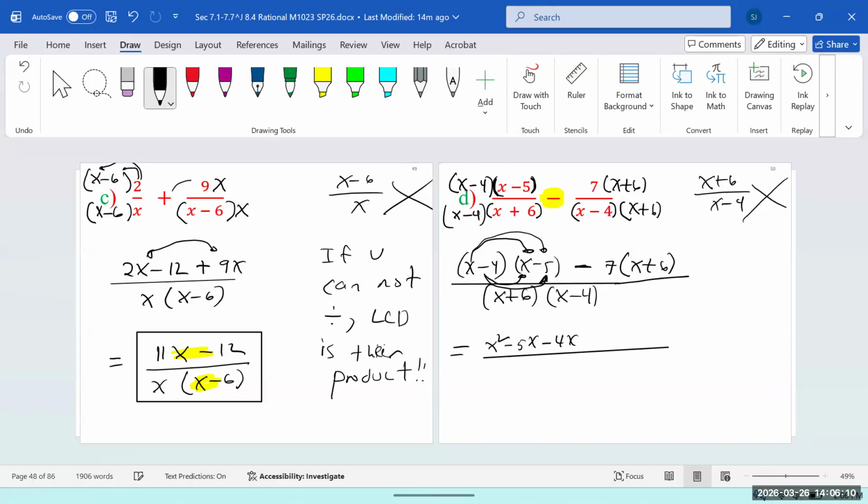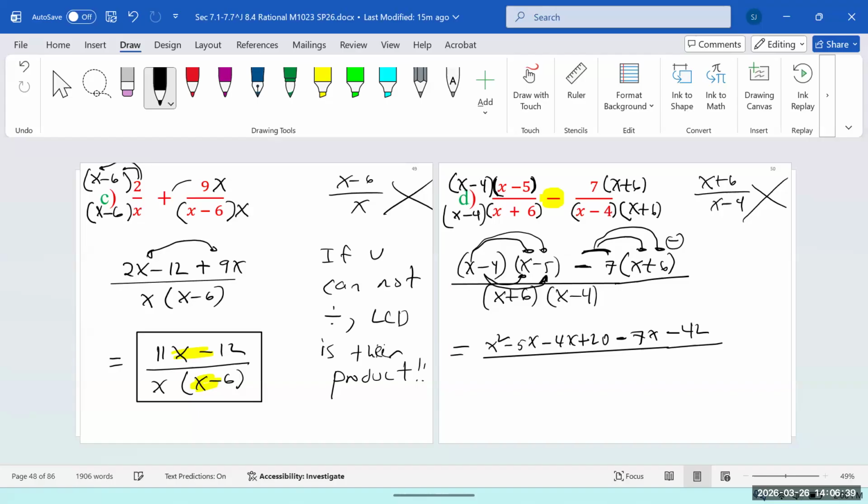And lastly, minus 4 times minus 5, plus 20. And then you take your negative 7 times x, negative 7x, negative 7 times 6, negative 42.